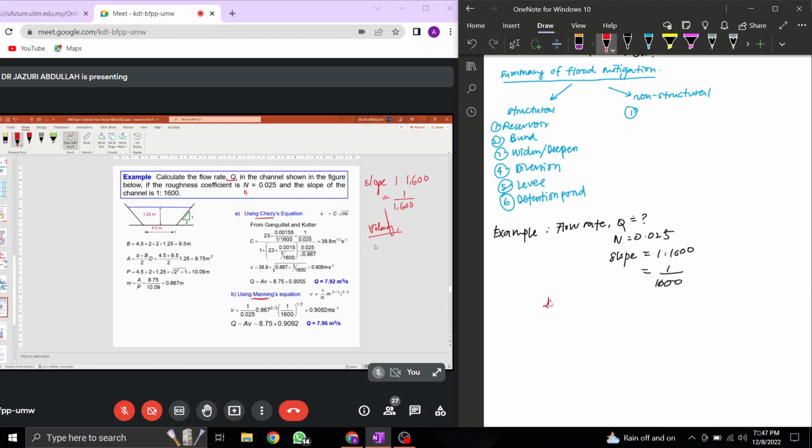To calculate velocity using Chezy, V equal to C square root of R kalikan dengan S, and then untuk calculate Q adalah kalikan dengan AV. Kalau kita tengok di sini, R adalah A over P. So A bahagikan dengan P. So kalau calculation of the B, calculation B ni ada dalam formulation slide nombor 16.